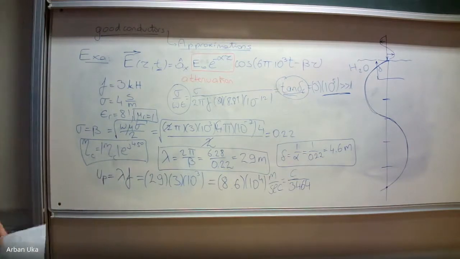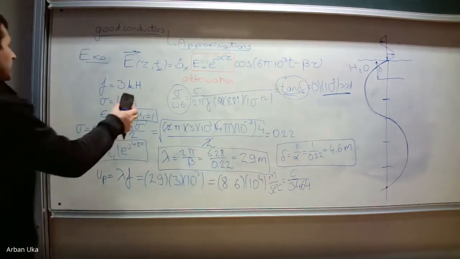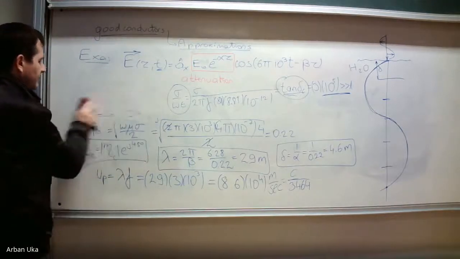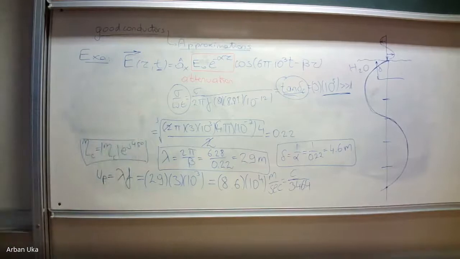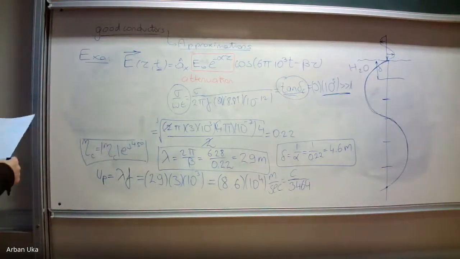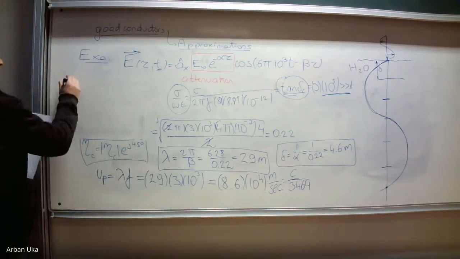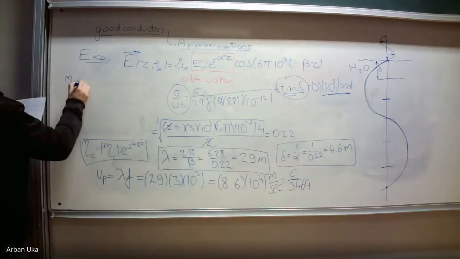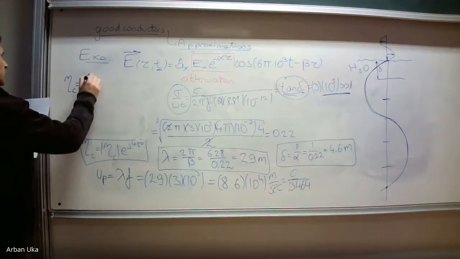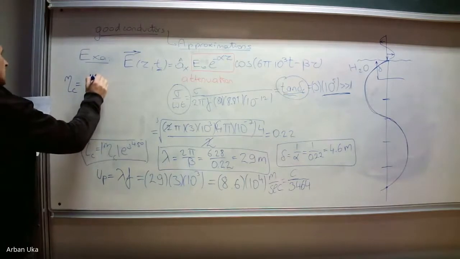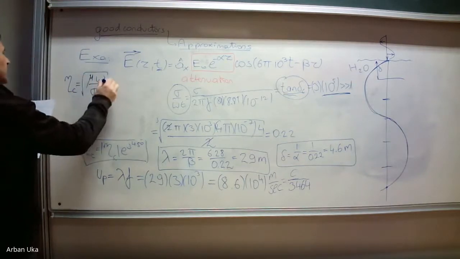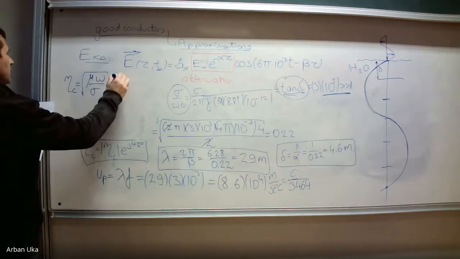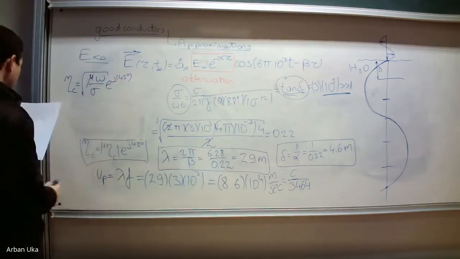Now, let's also write a couple more parameters. This number that we see here, the impedance, is a complex number, and this is equal to the square root of mu omega divided by sigma times e to the power j 45 degrees.